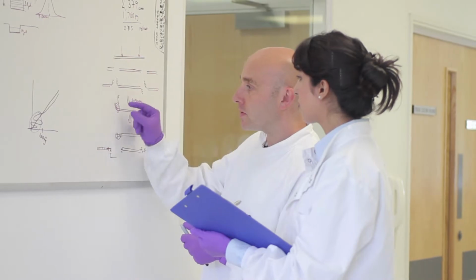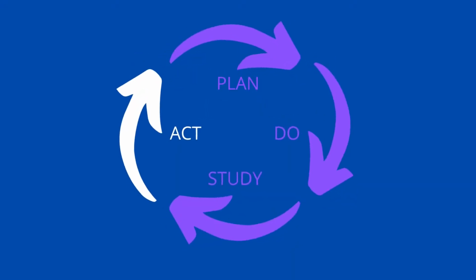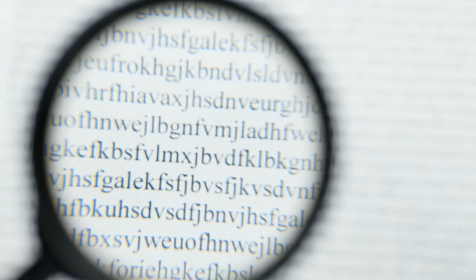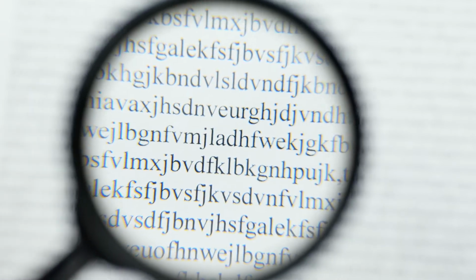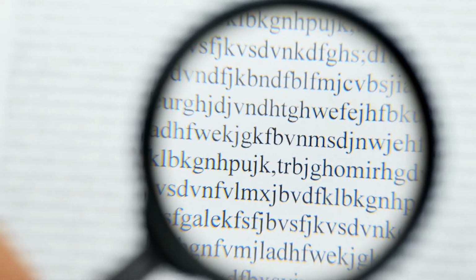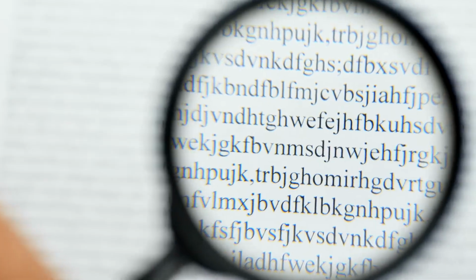And the final phase is act, in which you make a decision if the resulted outcome with new data was sufficient, or if you need to run another PDSA cycle to dig deeper into the problem.